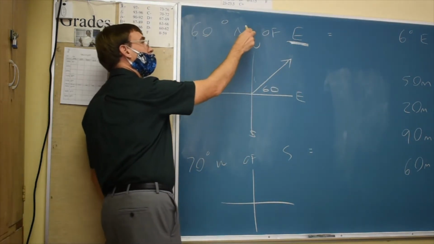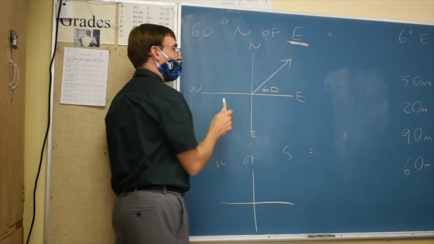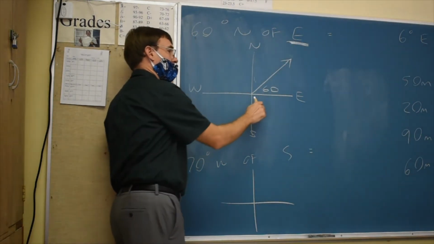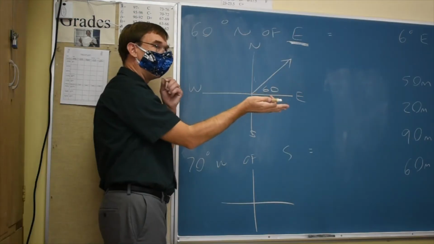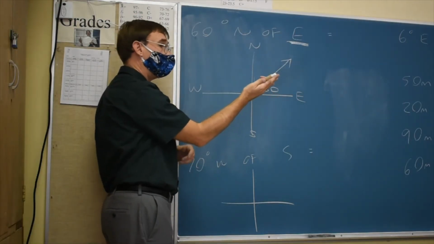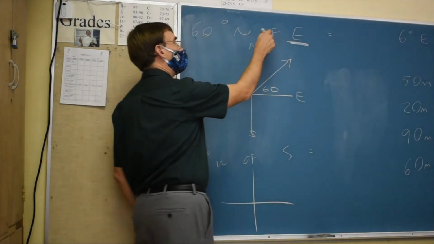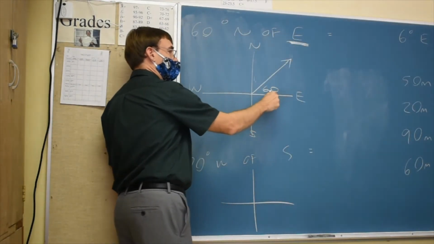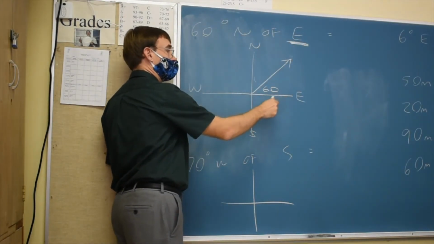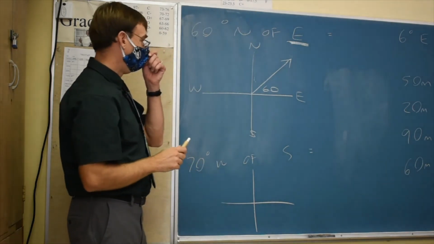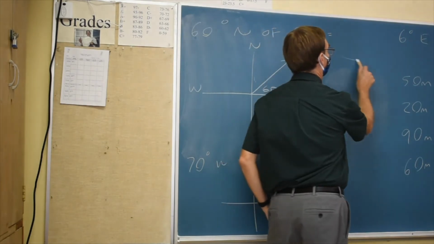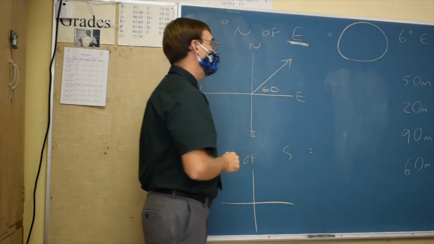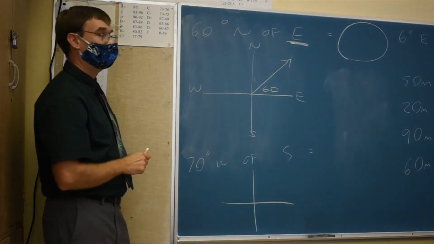If we're moving to the north of east, it means our intention was to go east, but we didn't end up going east. We ended up getting forced a little bit to the north of east. So if we are north of east, the 60 degrees would touch the east. However, sometimes you do an answer in your homework, and there's another choice for that description that is just as good.